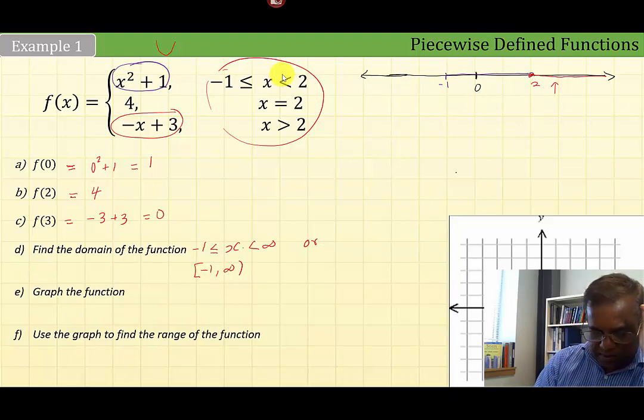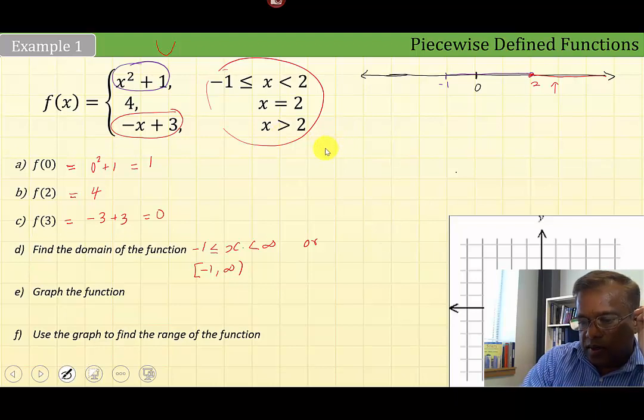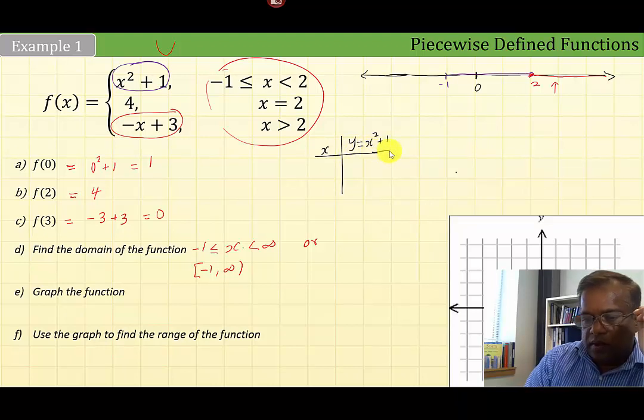So let's make a table of values for here. For this one, I have x, and the y value is equal to x squared plus 1 in this interval. So we're going to use these two endpoints, -1 and 2, and also we need at least one more point. The 0 is in between that, so I'm going to use that too.